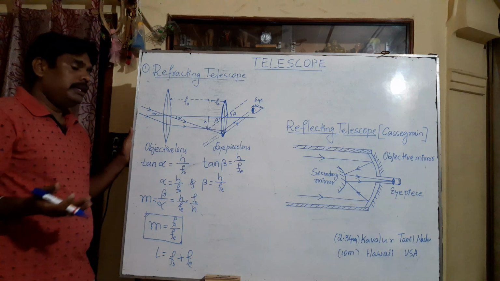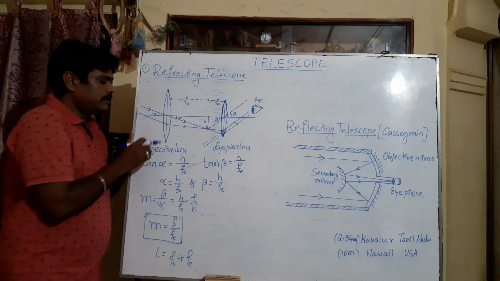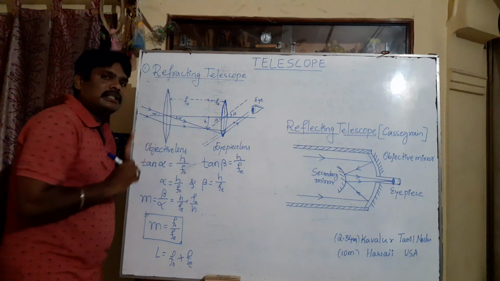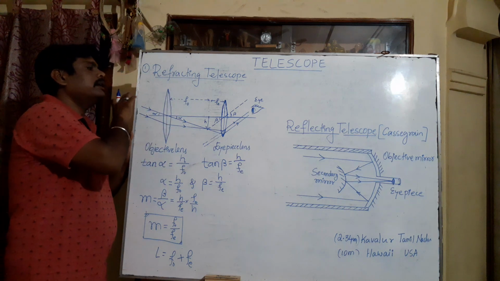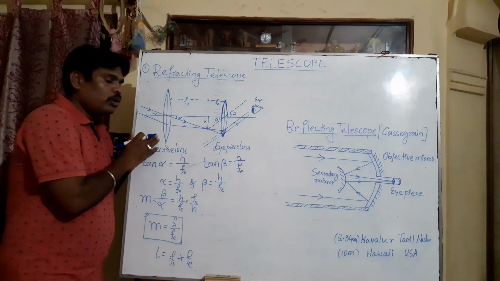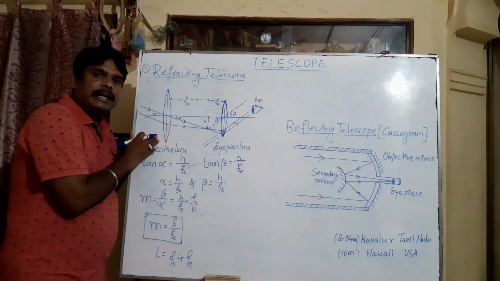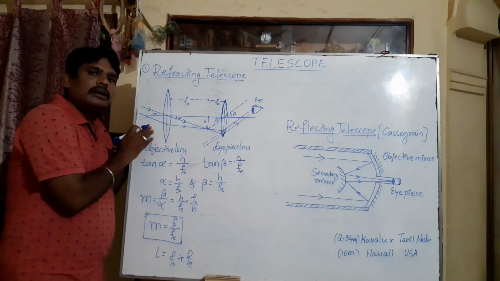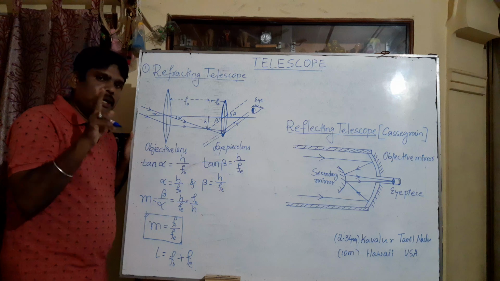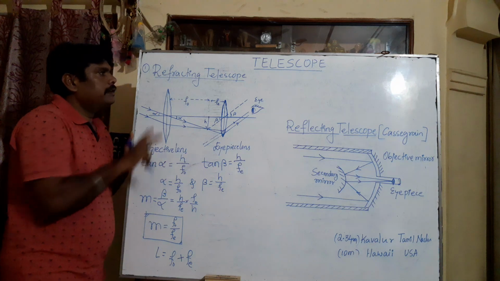The second limitation of the refracting telescope is that a small portion of this lens acts like a prism, so when white light enters, it can split up into 7 colors. That is what we call chromatic aberration. So there are mainly two limitations of the refracting telescope.